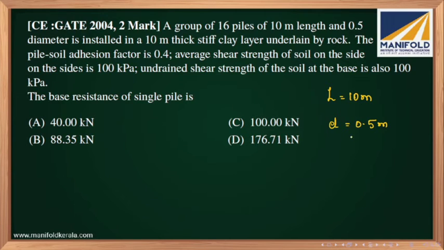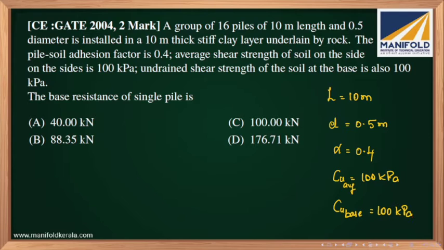Okay, so the pile adhesion factor is given as 0.4, and they have given the average shear strength of the soil, as it is a clayey soil. Average shear strength Cu is also average 100. Cu at the base is also given as 100 kPa.